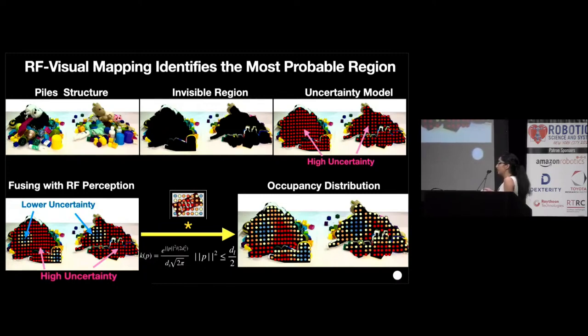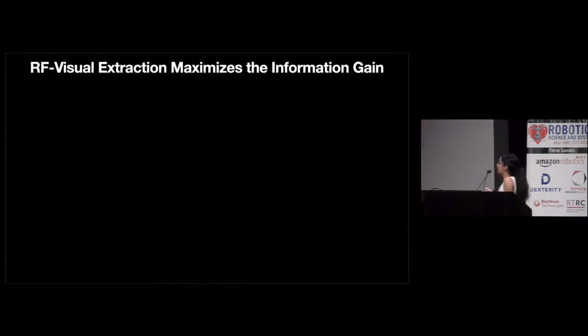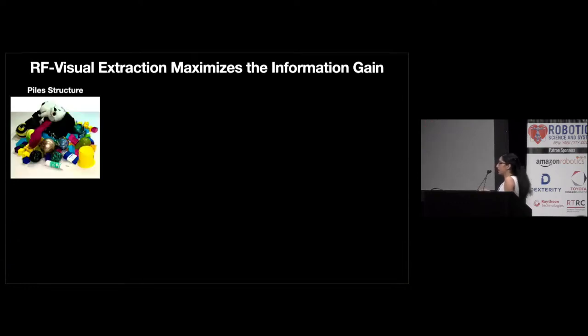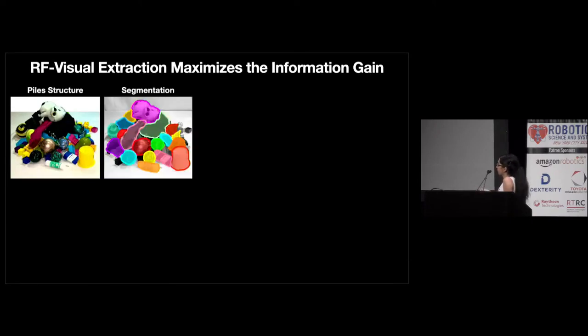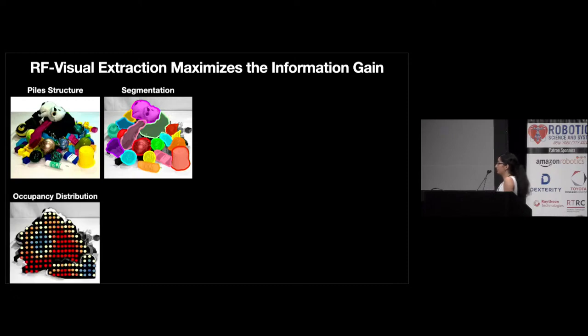Now the question is, how do we manipulate this pile to extract it? So we use an RF visual extraction policy, which tries to find the item by removing the item that maximizes our information gain. So here is a pile structure, and we segment the items that are on the surface of the pile to understand what our objects are. And then we also have an occupancy distribution from our previous slide.